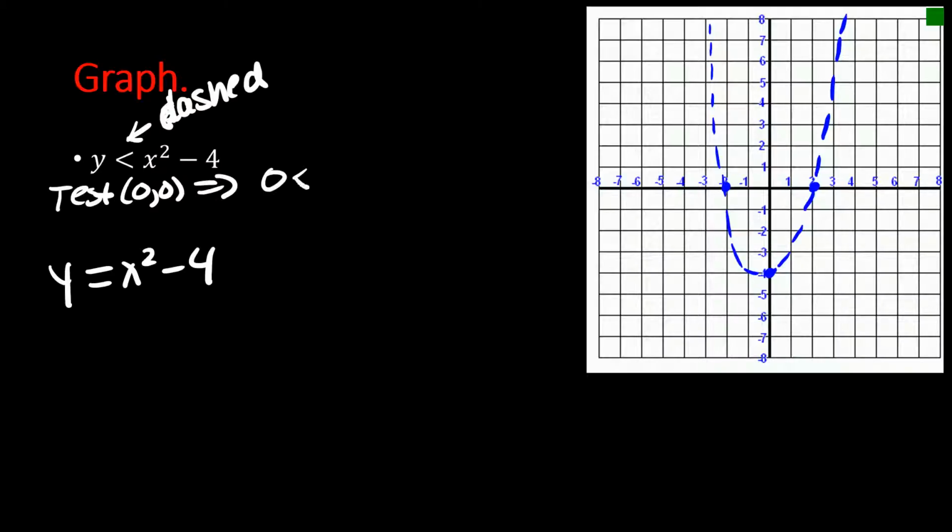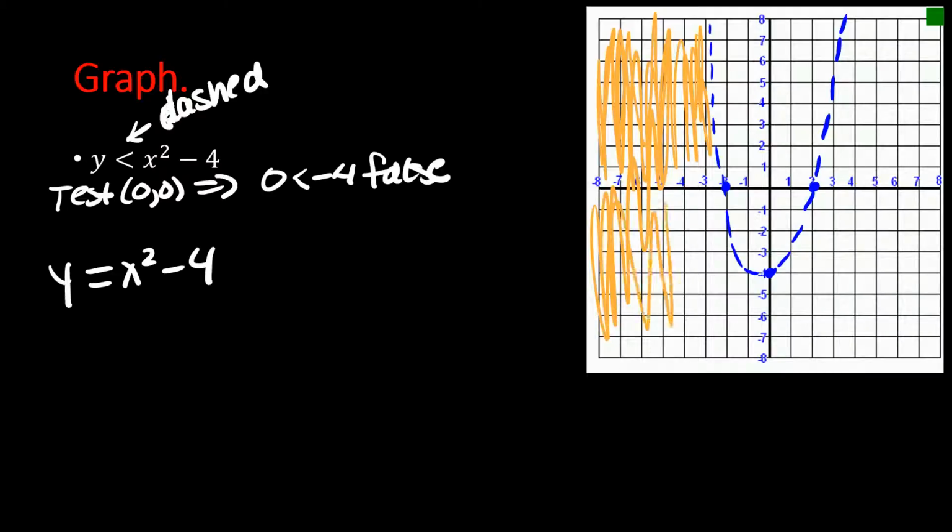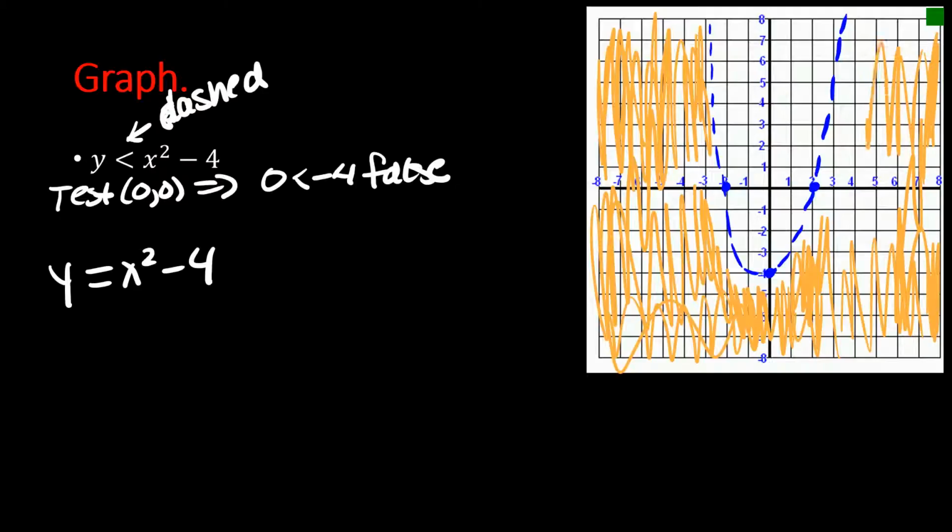We have 0 is less than negative 4, which again is a false statement. So I'm going to shade outside of the region where (0, 0) is located. So all this region gets shaded.